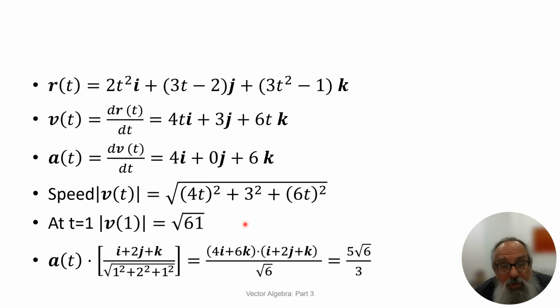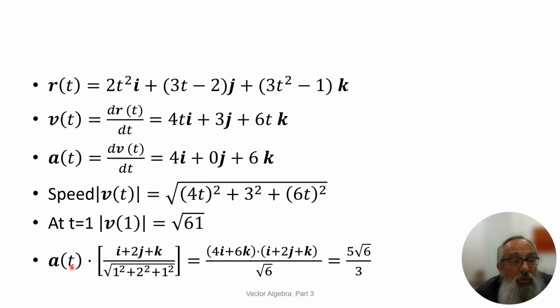The component of acceleration will be the acceleration vector dotted with a unit vector in the direction that we were looking for. So our direction is i plus 2j plus k. The unit vector will be that vector divided by its magnitude, so the square root of 1 squared plus 2 squared plus 1 squared, which is root 6.